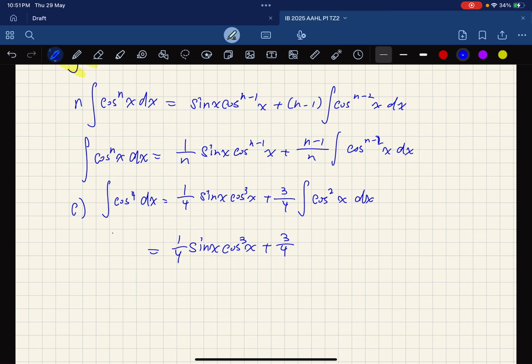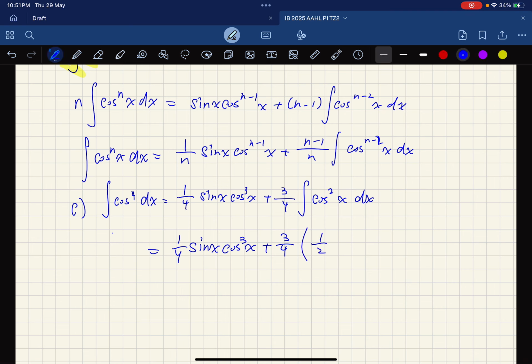So we'll have 1 over 2 sine x cosine x, so put n as 2, right? So this is power of 1, and then plus n minus 1 over n, so 1 over 2, and then the integral of cosine 0. Cosine 0 is 1, right? So basically x.